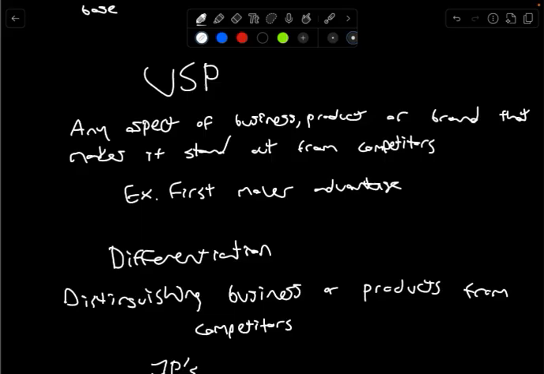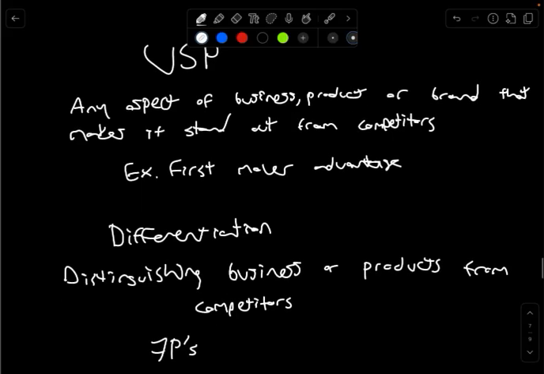So I said first mover advantage here. Being the first business to provide a certain product, a certain service, may lead to the first mover advantage, which helps with achieving a higher market share. And then the USP mainly consists of differentiation, which is distinguishing your business or products from competitors.